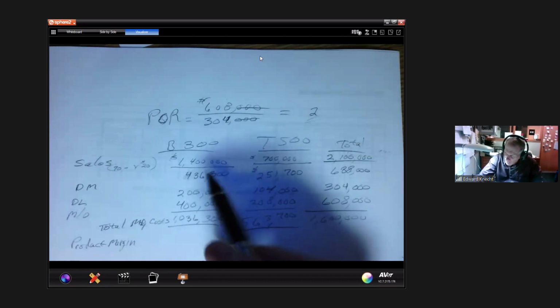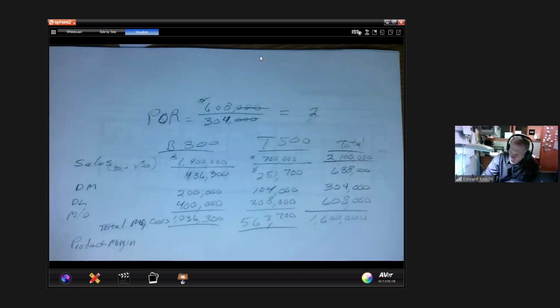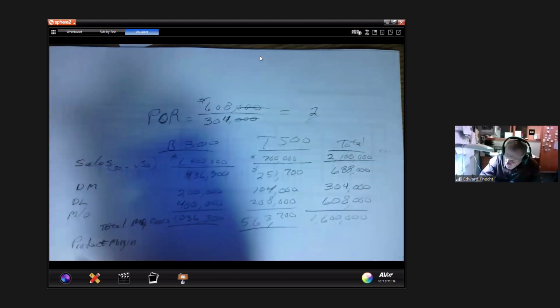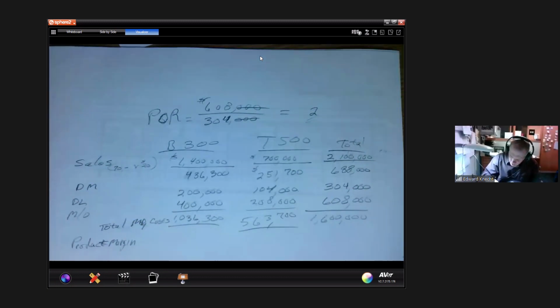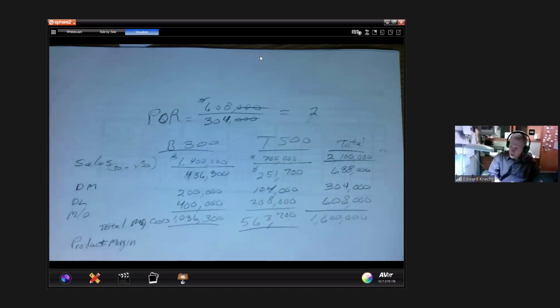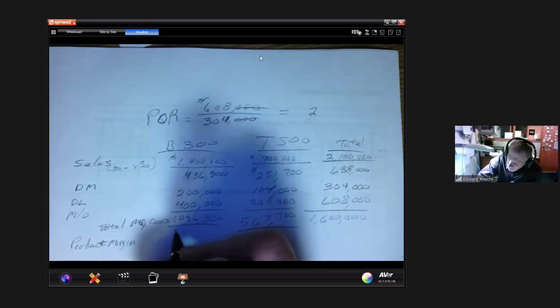So we do have a positive product margin for B300, don't we? Is it 364,000 for the product margin?